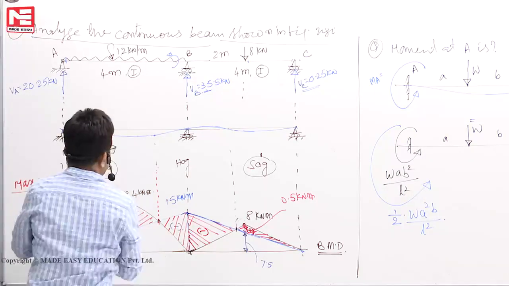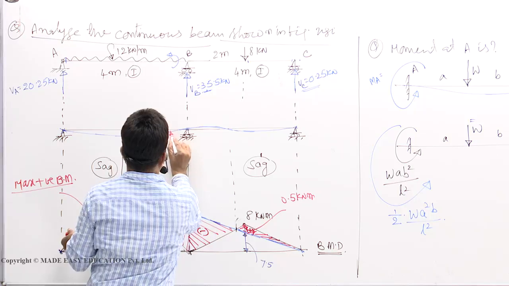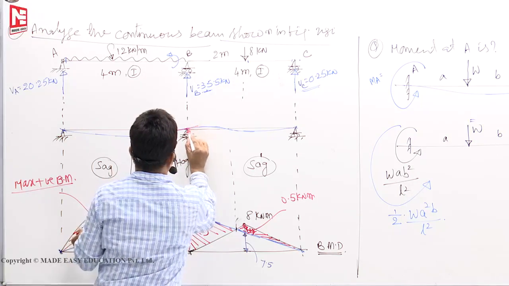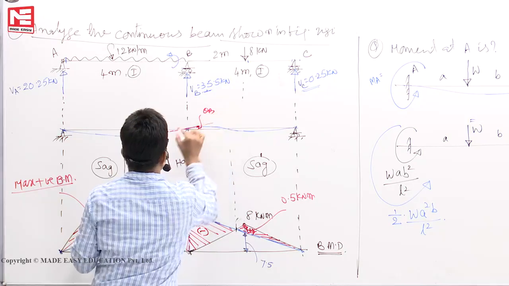So when you drop a tangent, theta must be the same. This is theta B, say.